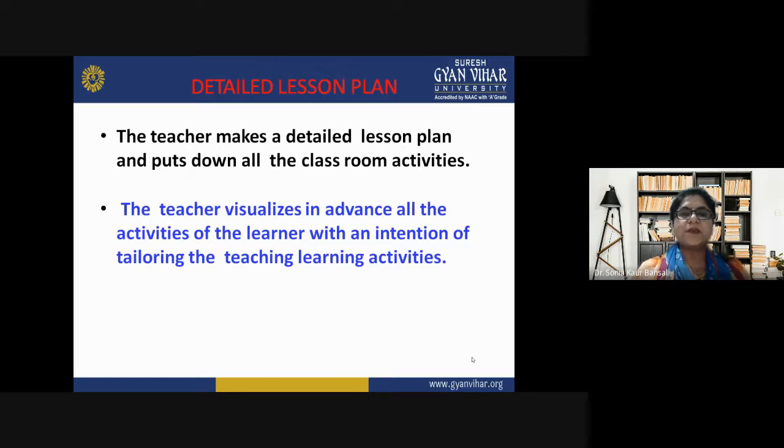Now let's have a look at the detailed lesson plan. The teacher makes a detailed lesson plan and puts down all the classroom activities. This is a pen-paper exercise. The teacher visualizes in advance all the activities of the learner with an intention of tailoring the teaching-learning activities. You have decided everything in that.